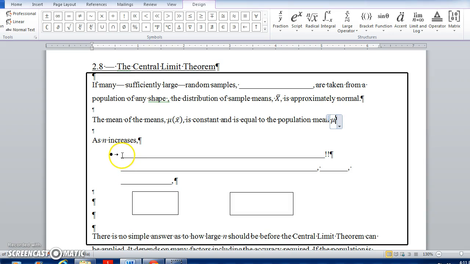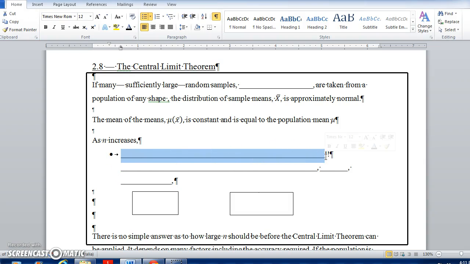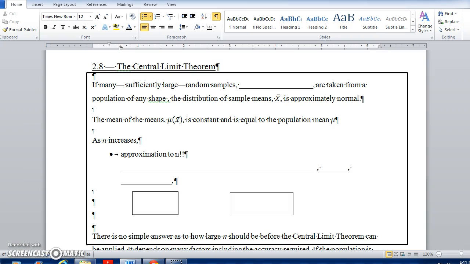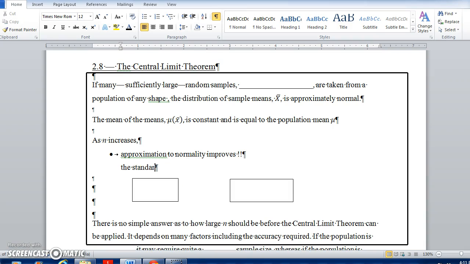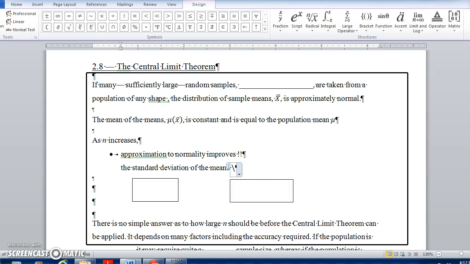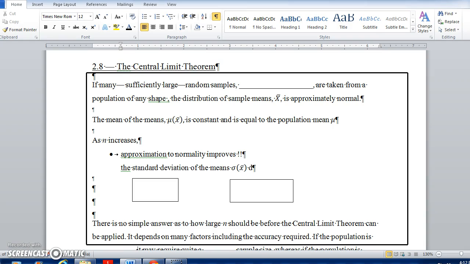So as n increases, we saw initially that the approximation to normality improves, but we also notice that the standard deviation of the means, which we represent by sigma of x bar, decreases.